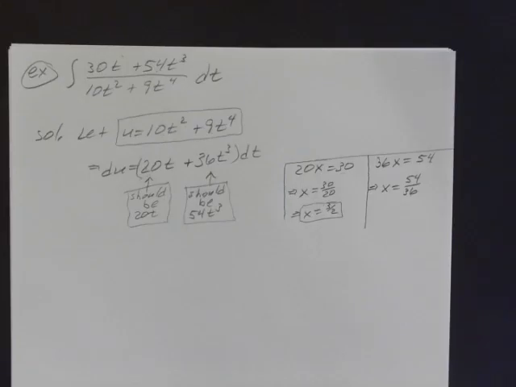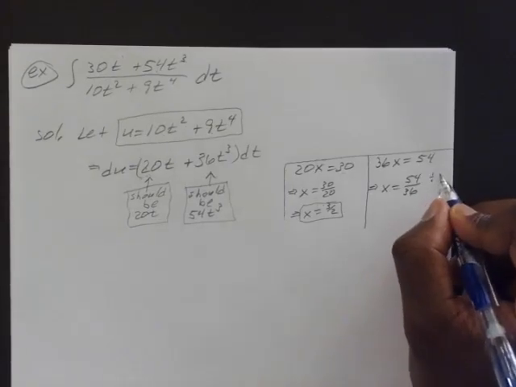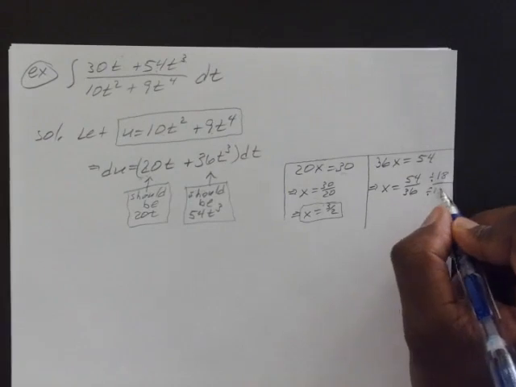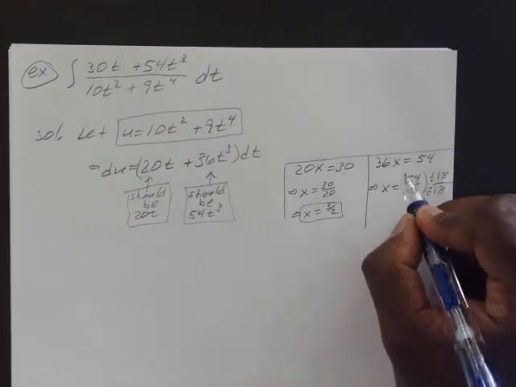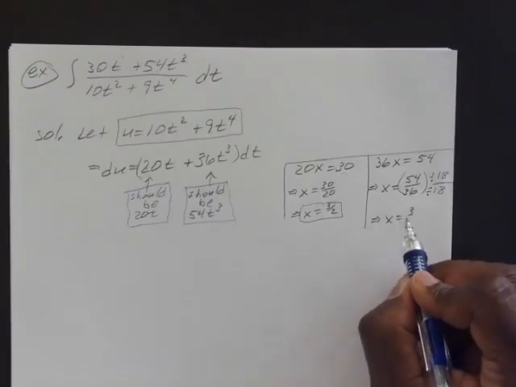If we divide both of those by 18, we see that we get x is equal to 3/2.